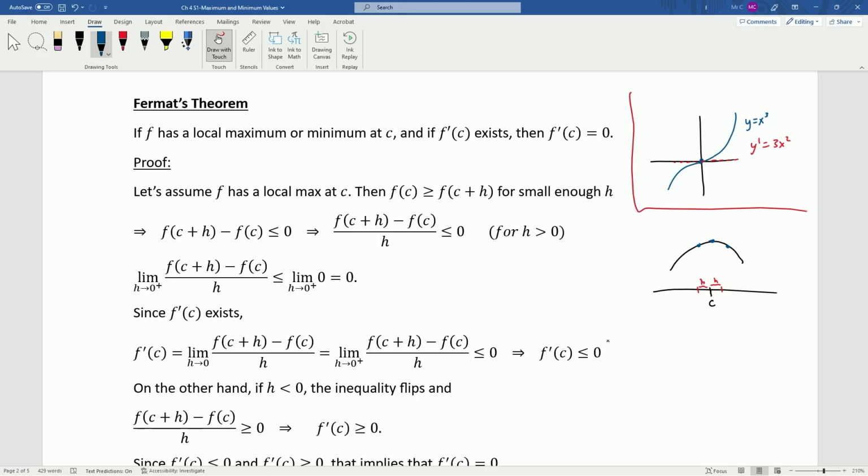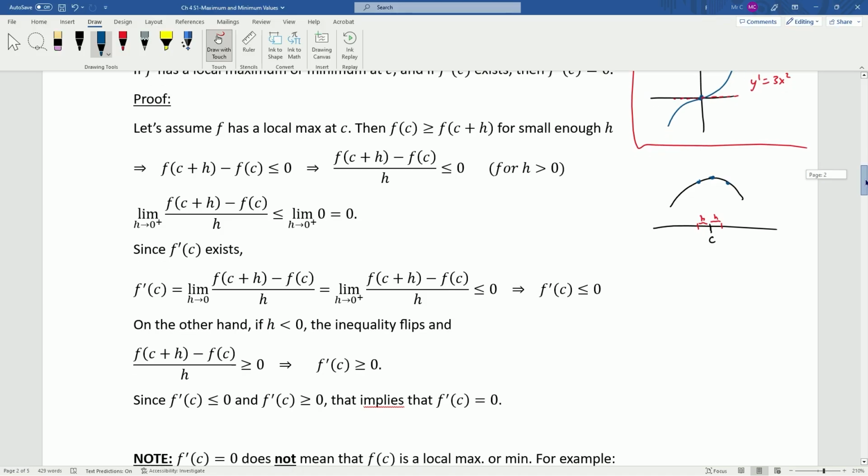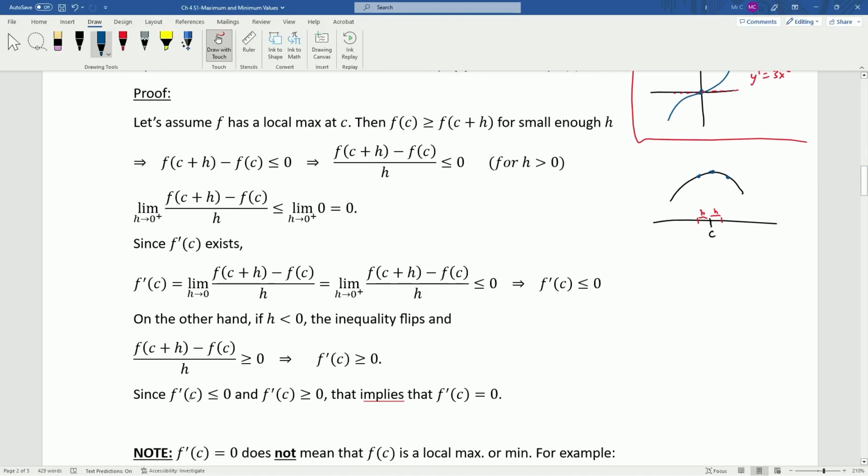Okay, so now we look at the case when h is less than 0. So now we're looking at the left-hand limit. If h was less than 0, the inequality would just flip around, and we'd do the same work, and we'd see that f prime of c was greater than or equal to 0.